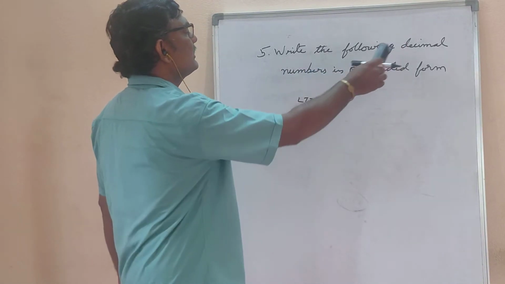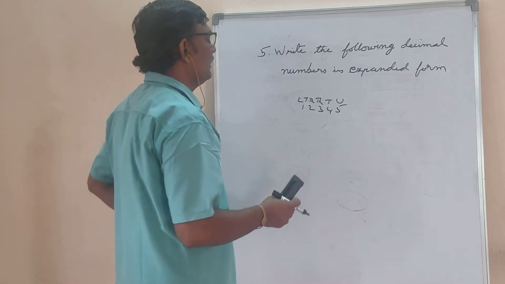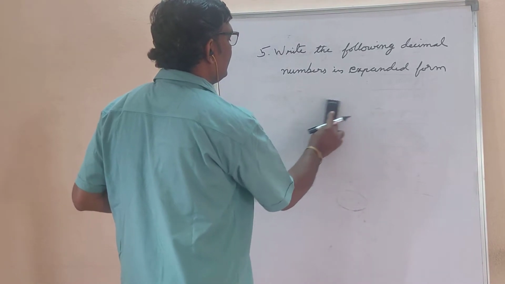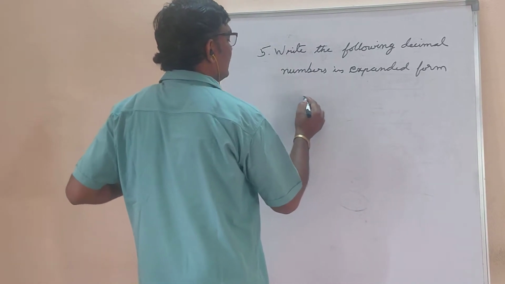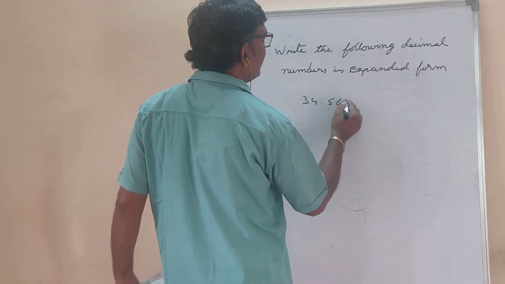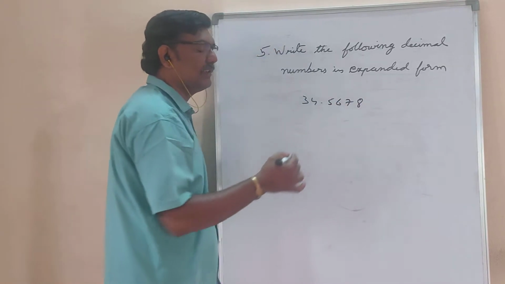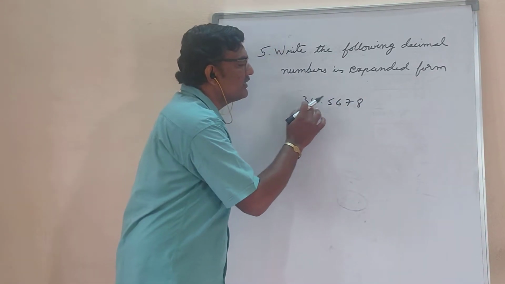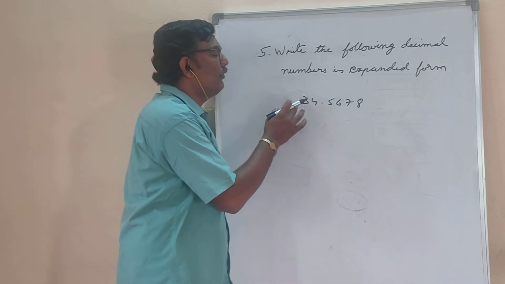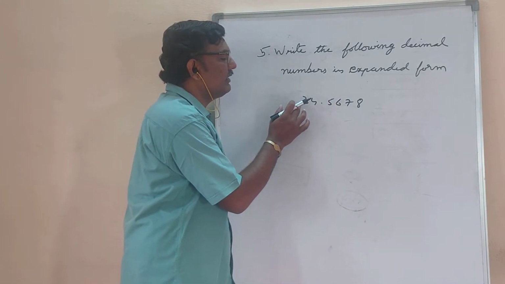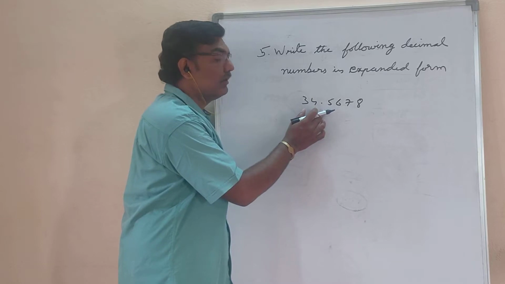Now, decimal numbers. Decimal numbers means some number like 34.5678. It is a decimal number. How you have to read is 34 point.